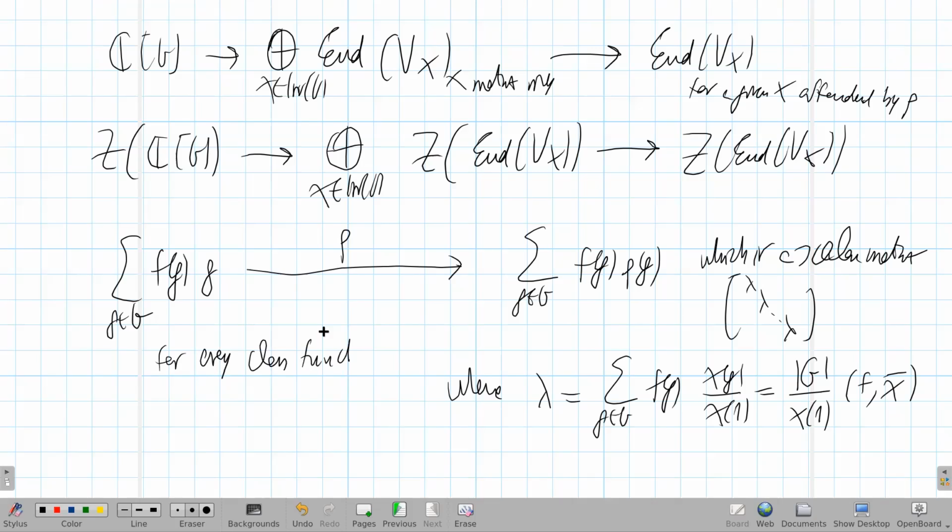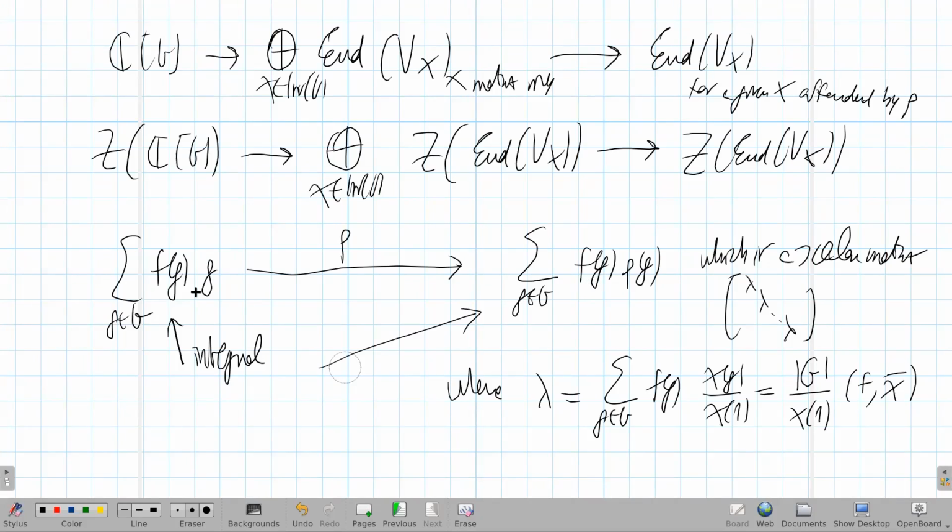Sorry, I'll rewrite this in a second, but first another important thing. Recall that we had made this integral. When you apply rho to this, this remains integral.